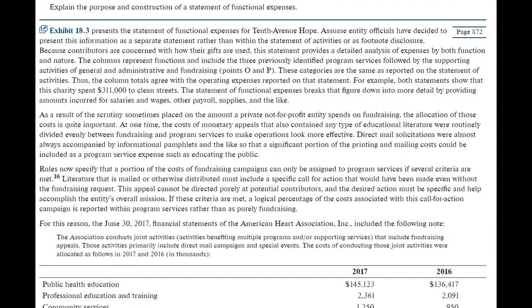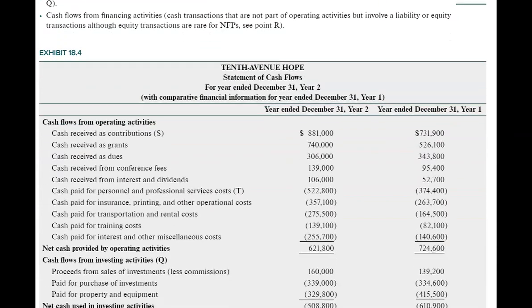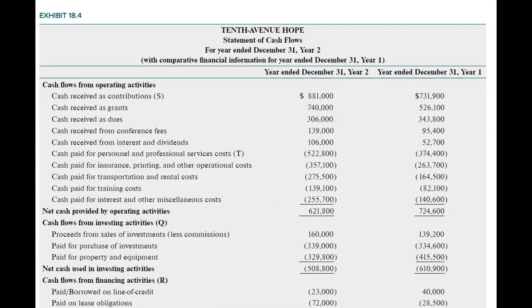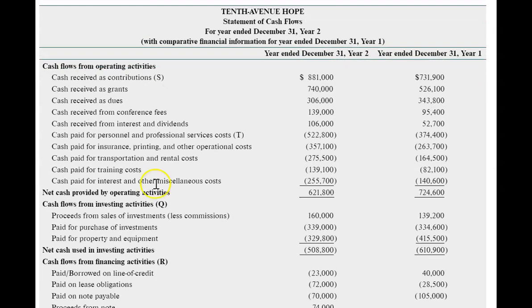Now you will also see an example of how that organization prepares the statement of cash flows according to FASB's requirement. They classify all of their activities into 3 categories: operating, investing, and financing.